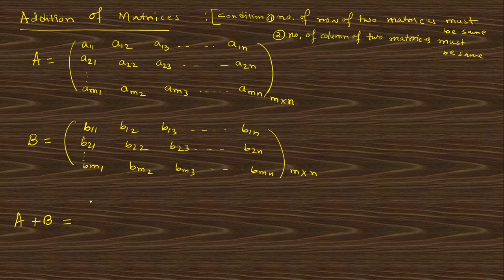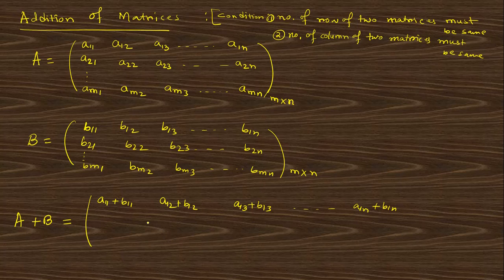What will A plus B be? The elements at the same position will be added. So this will be A11 plus B11, next A12 plus B12. Same position elements are added: A13 plus B13 and so on, A1n plus B1n.